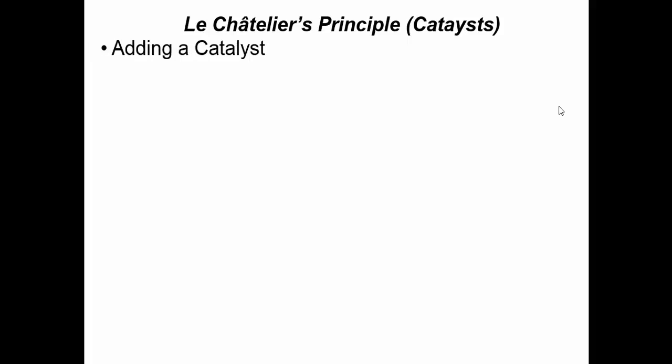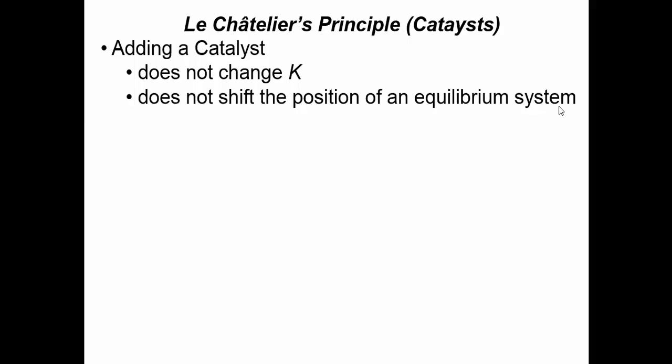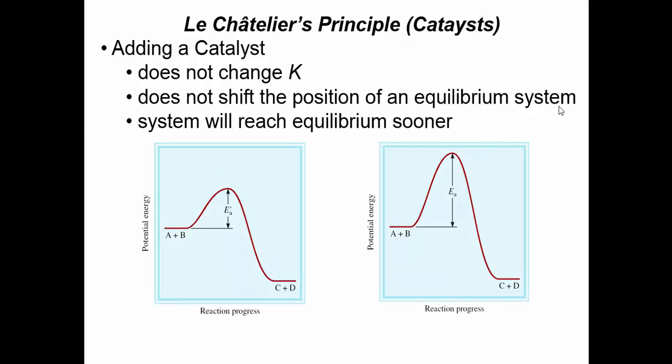What about catalysts? If you're adding a catalyst, you don't change K, you don't change the equilibrium. Why is that? On the left diagram, you can see the amount of potential energy that A and B must experience when they collide.